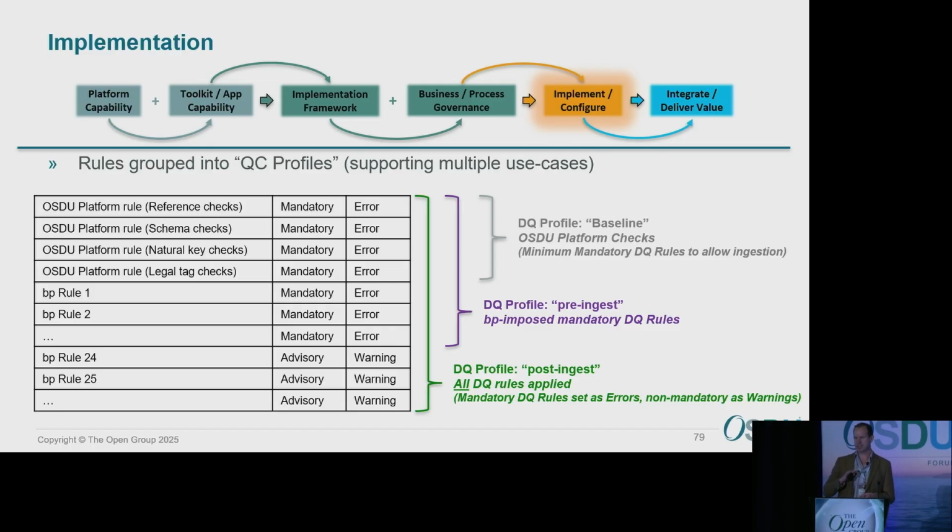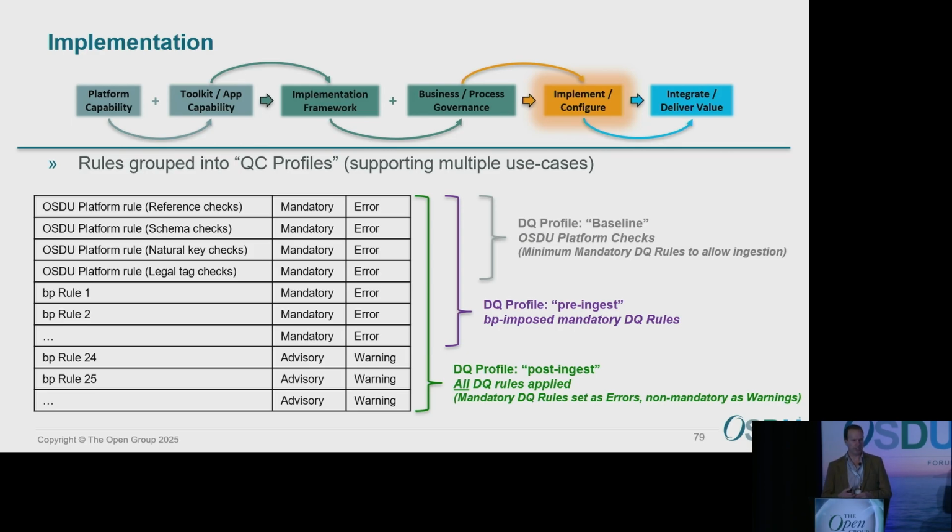And these are the things that look at things like referential integrity, schema checks, that kind of low-level stuff. These are mandatory checks, by the way, so if they fail, then it's deemed as unsuitable. On top of that, we put some more BP-specific pre-ingest checks. So these may be where we need data to comply to some internal search technology or analytics that we use within the company. So these are pre-ingest checks.